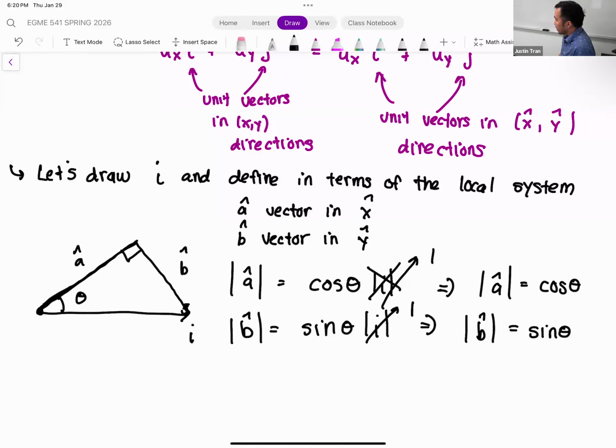All right, so now what can we do with this information? With this information, we can define the I vector relative to the components in the local coordinate system.